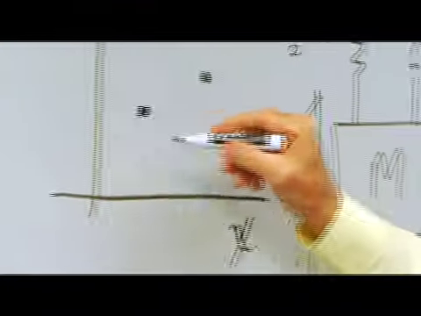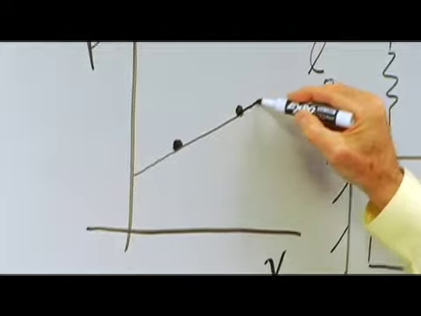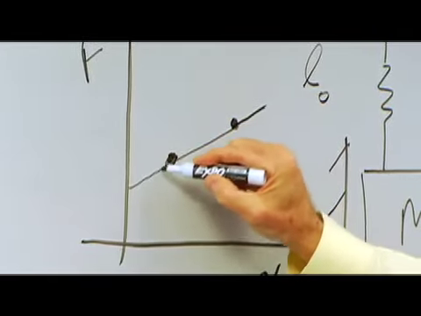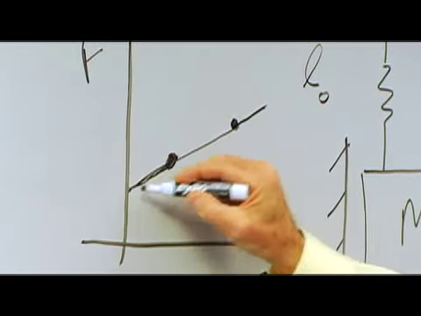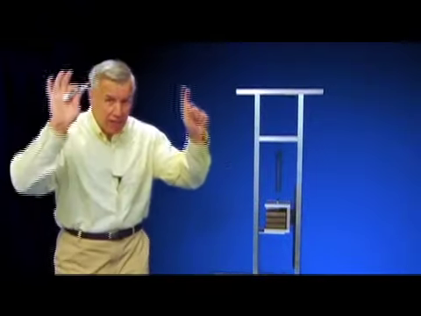I could then draw a straight line. Now, this straight line might extend beyond that last point, but it certainly can extend past this point here, which represents the unstretched length of the spring, because the spring is a tension spring that doesn't compress. So we're not allowed to apply a negative force because the coils will bang together.